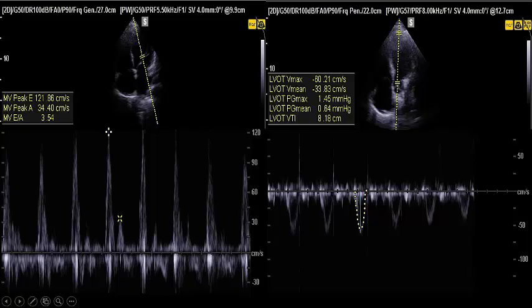What else? You will put the pulsed wave Doppler here at the LVOT and measure the LVOT VTI. As you see here, there is a closing click of the aortic valve, so I am in the proper position. The LVOT VTI is 8.1 centimeters, far less than normal, which is 18 to 22.